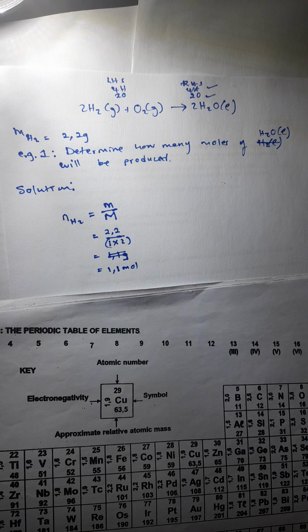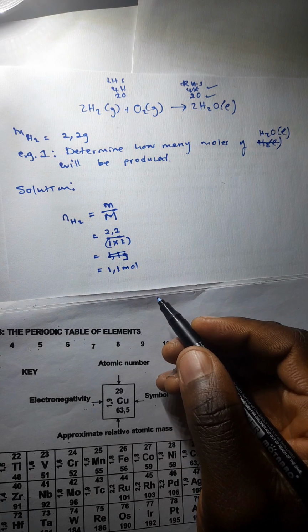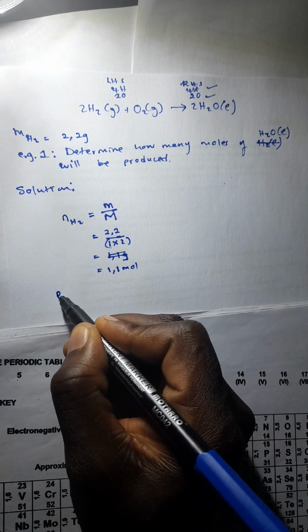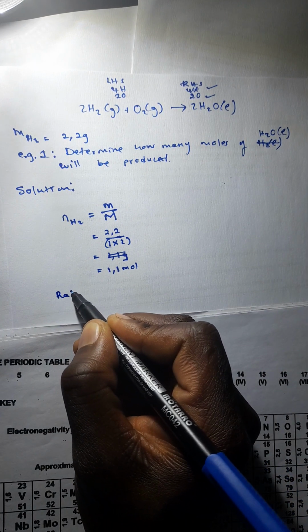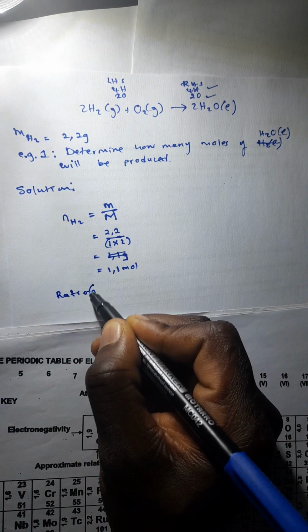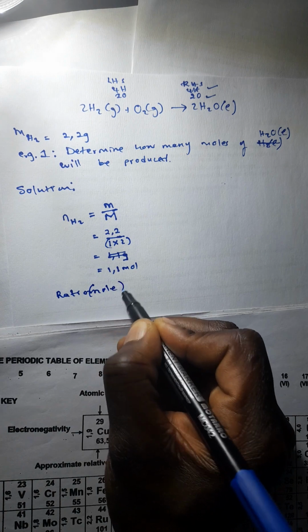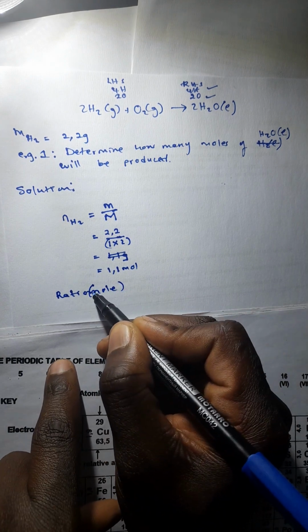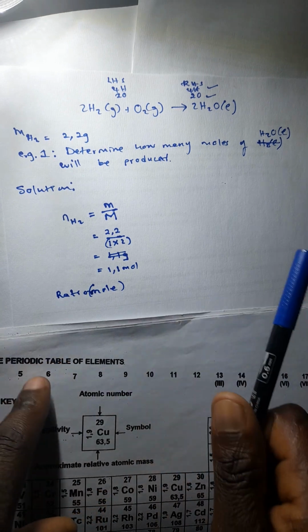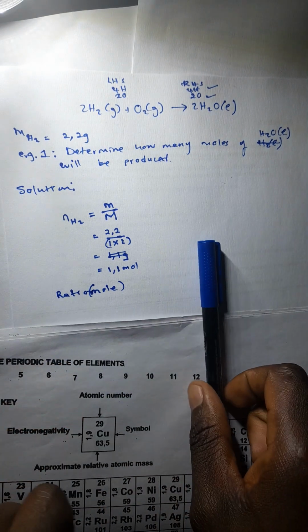Now, therefore, what are you going to say from here? I'm going to look at the ratio, which is the mole ratio. What is the ratio there in terms of mole?